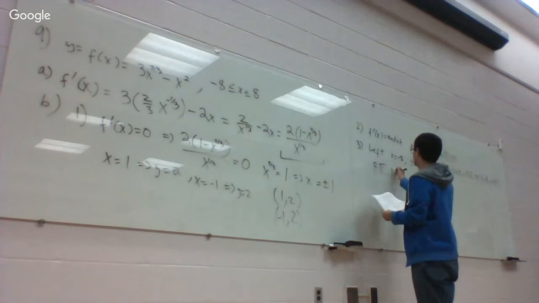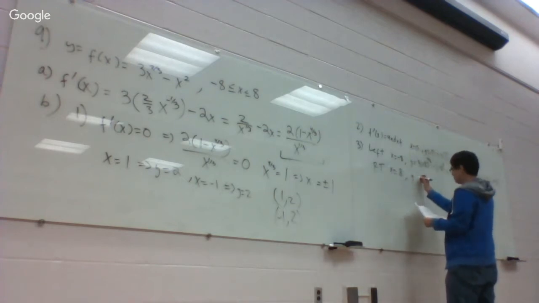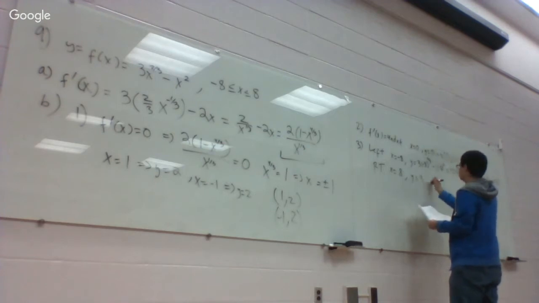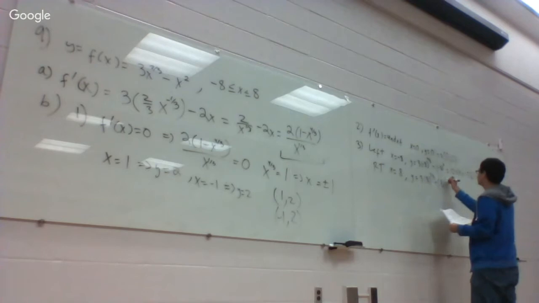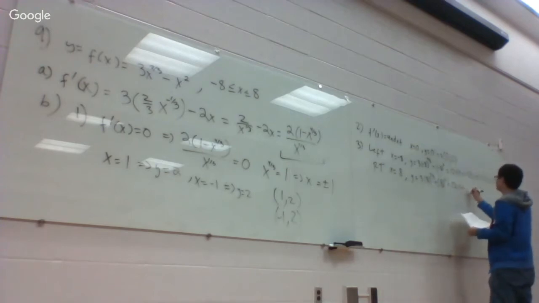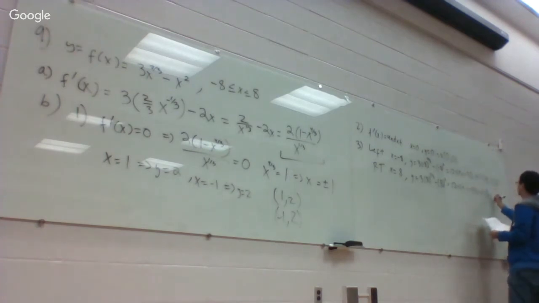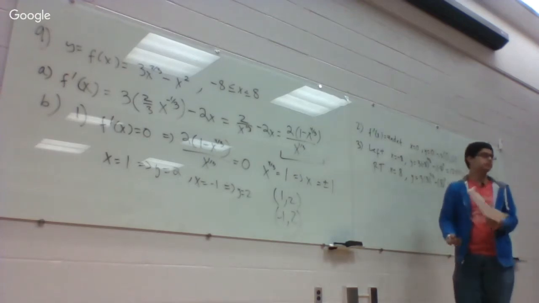The right, x is equal to positive 8. So you plug that in, y is equal to 3 times 8 to the 2/3 minus 8 squared. That's 12 minus 64 again, which is negative 52. So we have coordinate of 8 comma negative 52. Any questions with that?